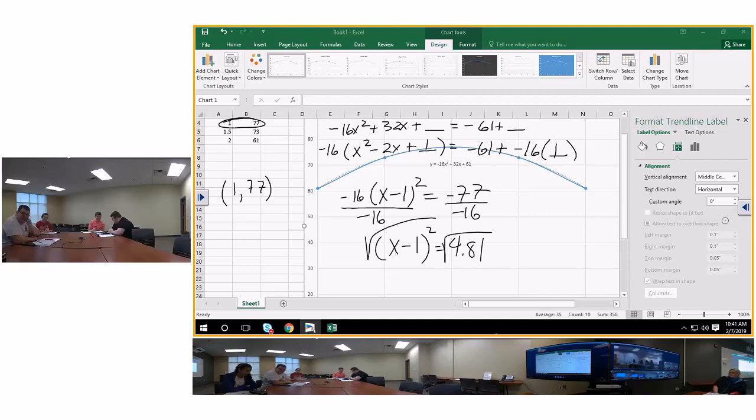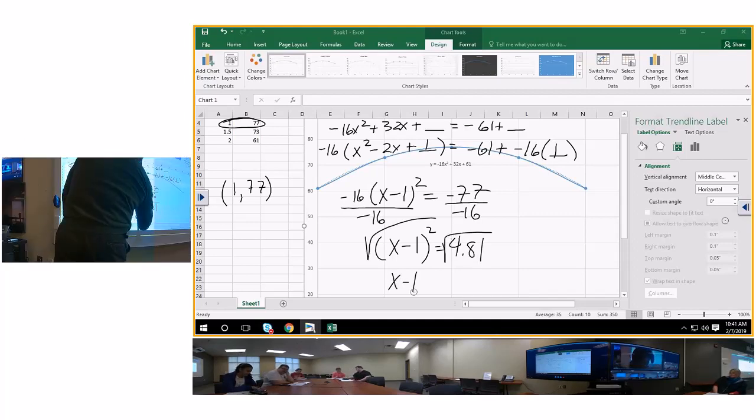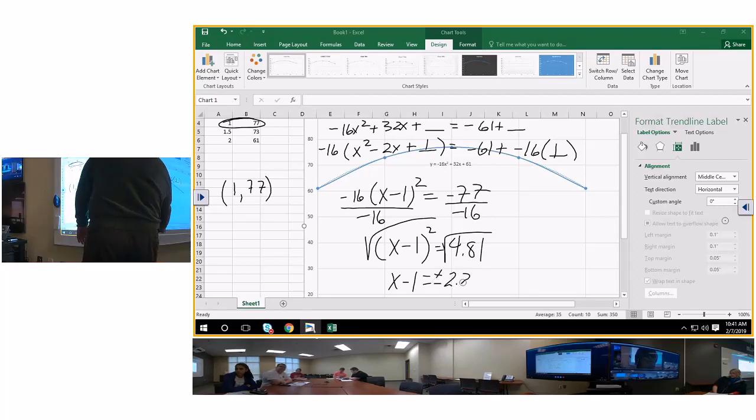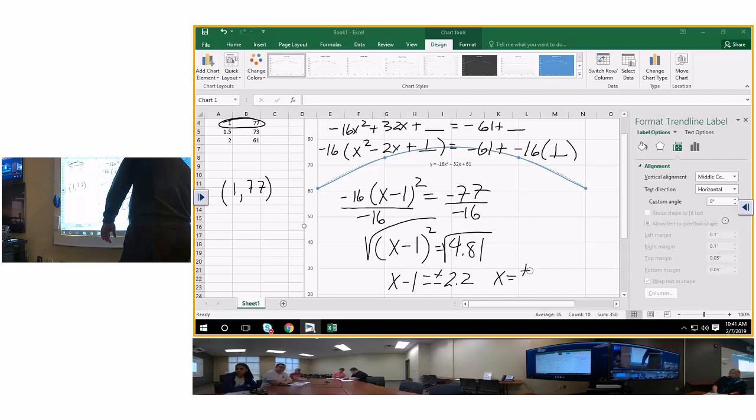Okay, x minus 1 is equal to the square root of 4.81. I was off. Positive or negative 2.2, so x is equal to positive or negative 2.2 plus 1.